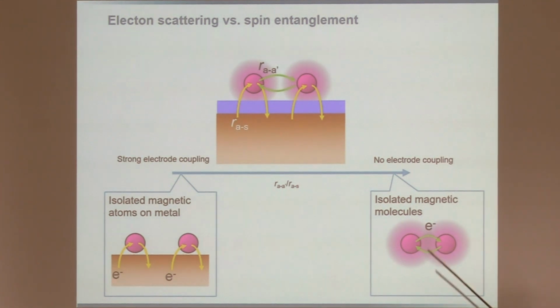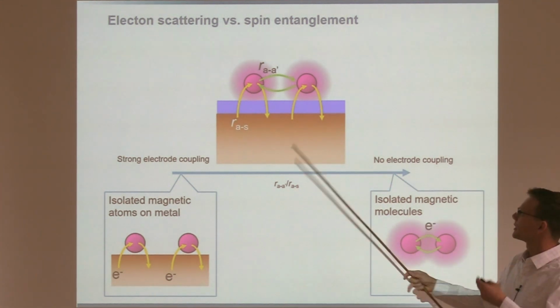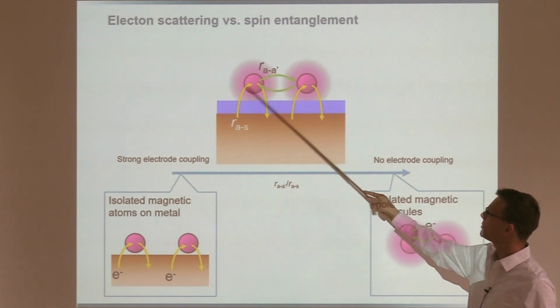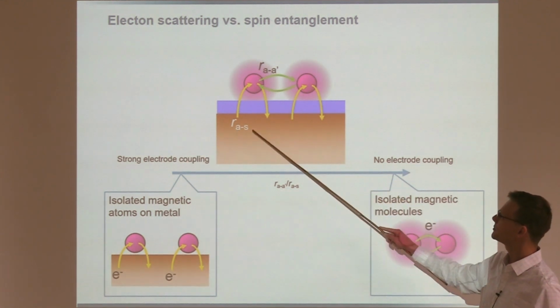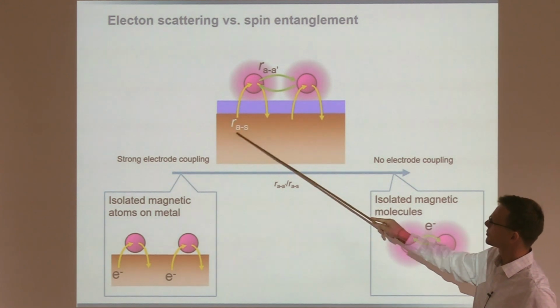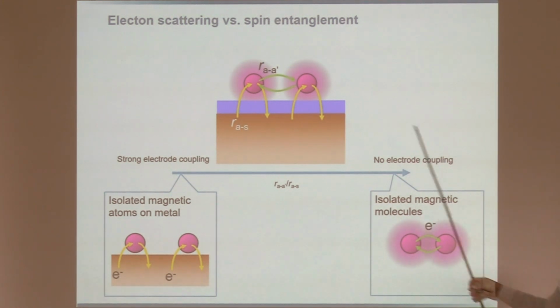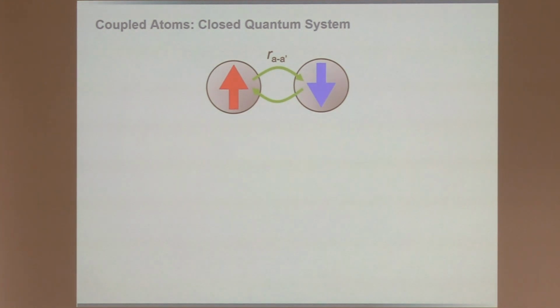This will scale, in a tight binding or hopping picture, with the ratio of the hopping rate of electrons between the atoms and the hopping rate of electrons between the substrate and the atom. And in electrical transport measurements, we cannot go all the way here because this will, in general, kill our ability to interrogate the atoms, right?